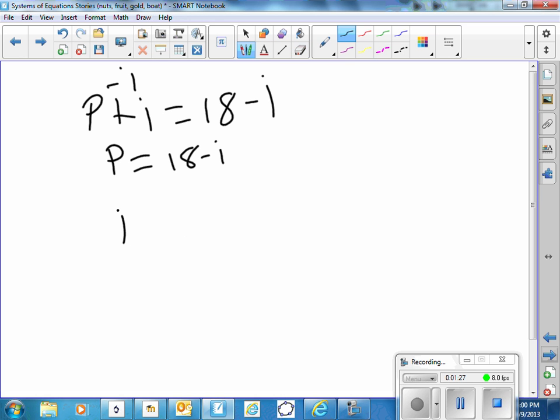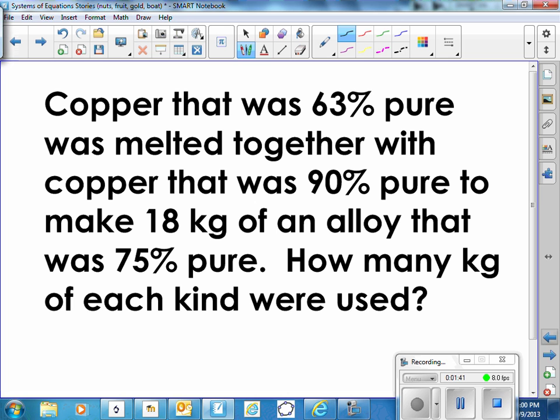We could write that as 0.63I plus 0.9 pure, the 90% times the pounds of the pure copper, well, equals 75% pure 18 kilograms.